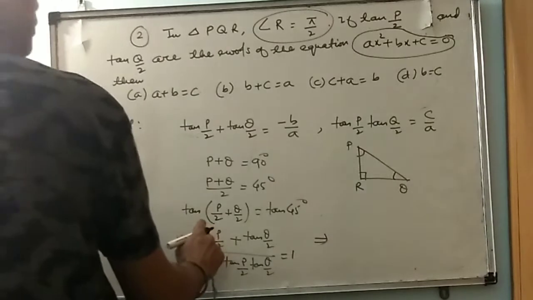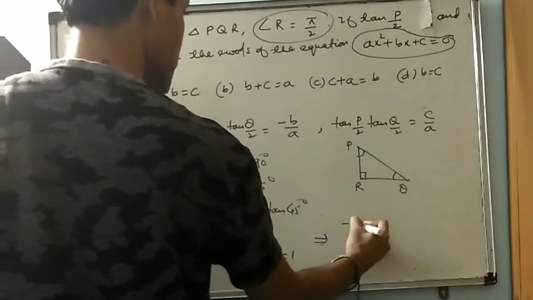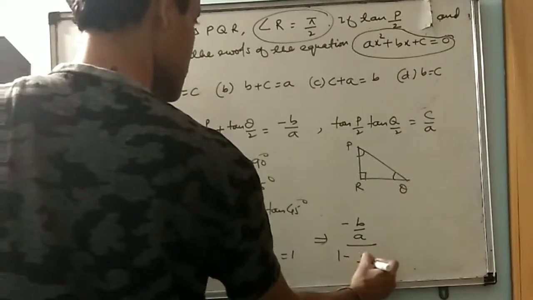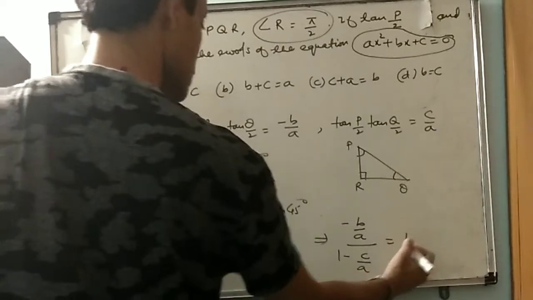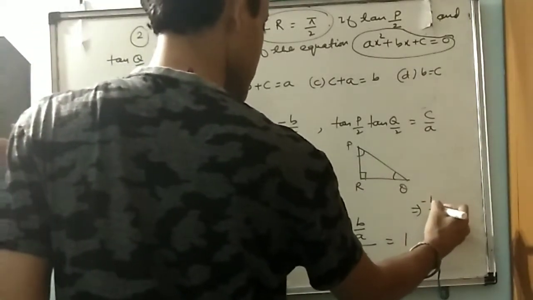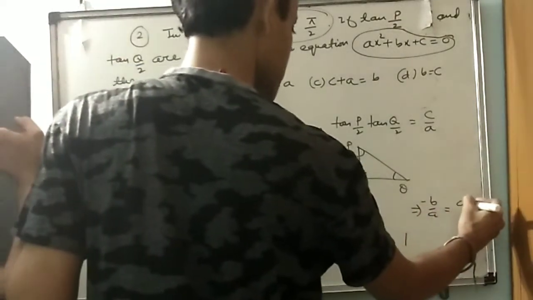This implies tan P by 2 plus tan Q by 2 will be replaced by minus b upon a, and denominator is having 1 minus c upon a is equal to 1, which when we simplify we are getting minus b by a is equal to a minus c upon a.